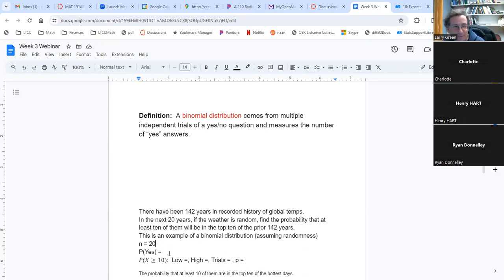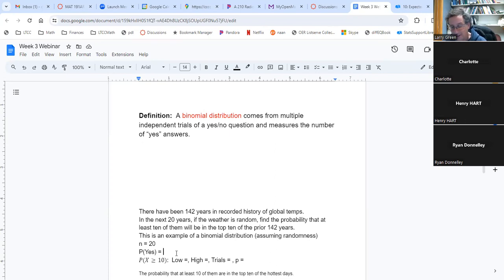What's the probability of a yes? What's the probability of being in the top 10 of the prior 142 years? This is not supposed to be that hard. There's no fancy math to do or anything. So what's the probability of being in the top 10 of the last 142 years for any particular year you're going to look at?